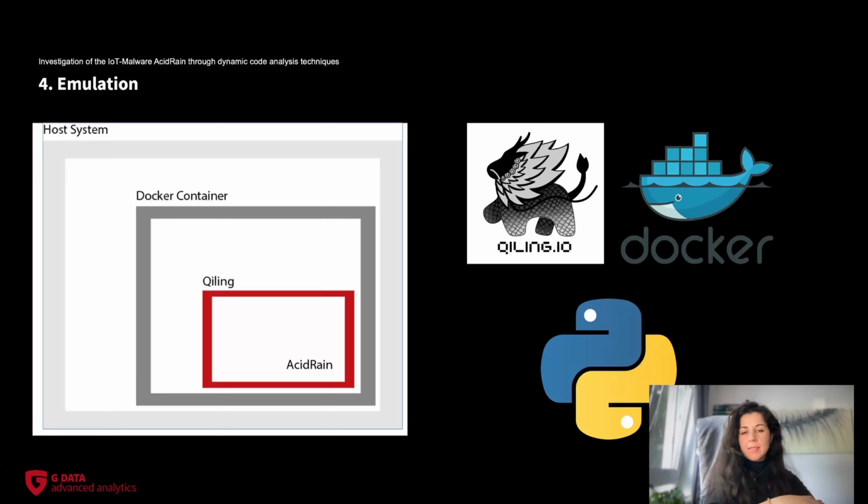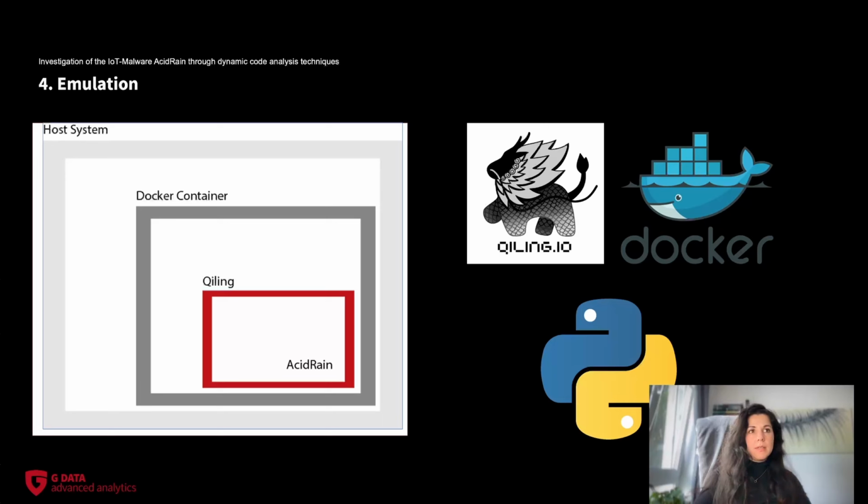Okay, like I said before, to emulate AcidRain, we need an emulation where AcidRain can run. And for this, I use Qiling.io. Qiling is based on Unicorn and on QEMU. And QEMU is a widely recognized emulation tool.